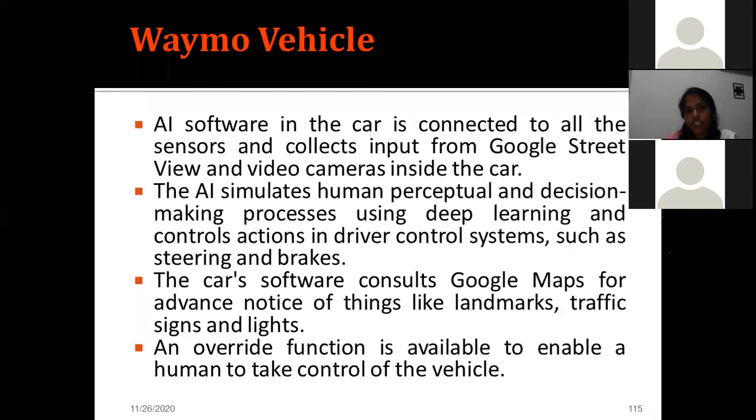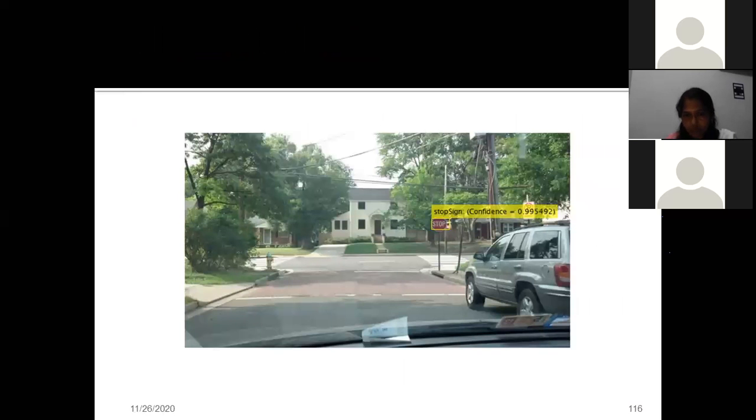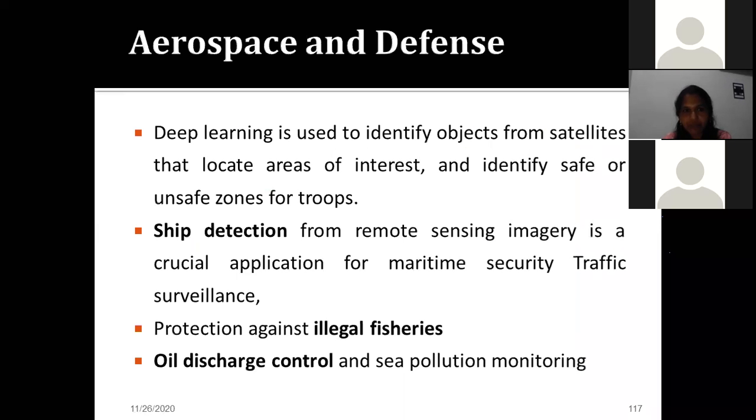That can be interfaced, and auto instruction to the driver is possible. So this is one particular diagram. Stop sign, it is interpreted to the driver based on image processing techniques. CNN is applied for this particular information.